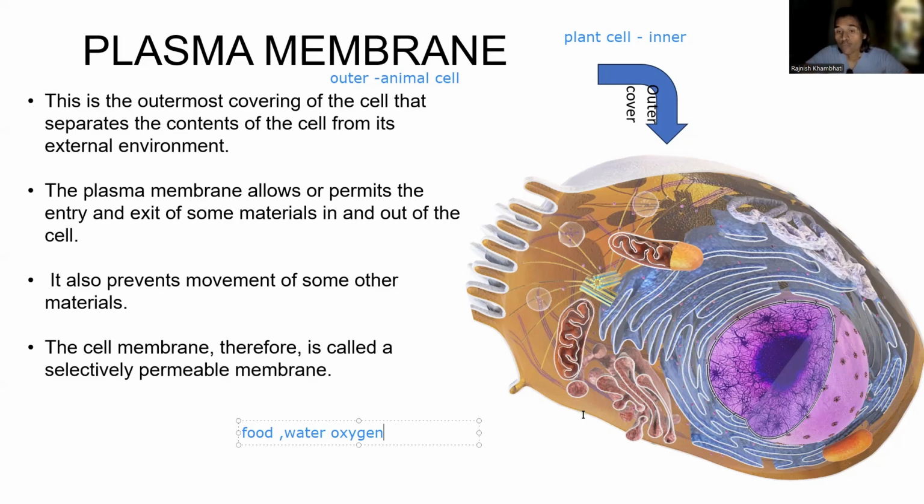Then what materials should come out from the cell? The waste material will come from the cell, and CO2 will come out from the cell, which is called excretory material. It should come out from the cell. So these are the materials that will cross the plasma membrane.